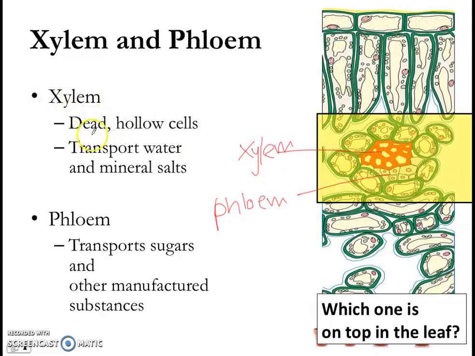The xylem, we've already learned, is made out of dead and hollow cells, and it helps to transport water and mineral salts. You must always remember the mineral salts as well. The phloem transports sugars and other manufactured food substances. So that's the function of the phloem.